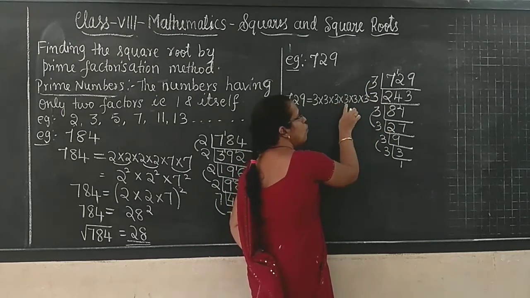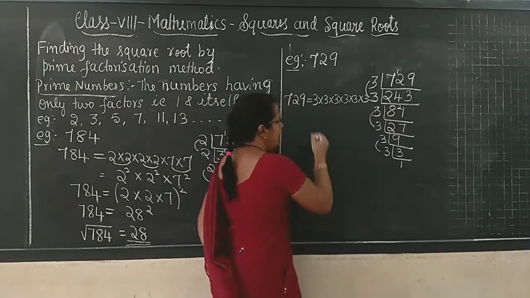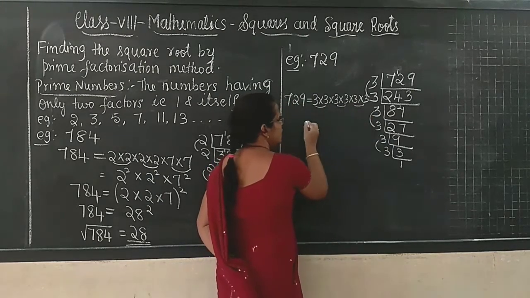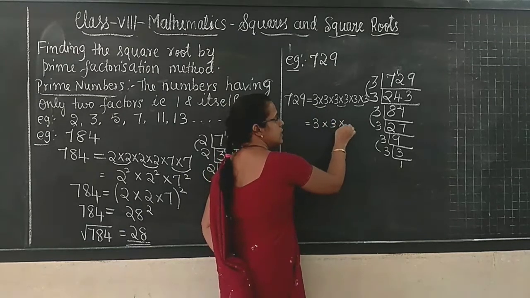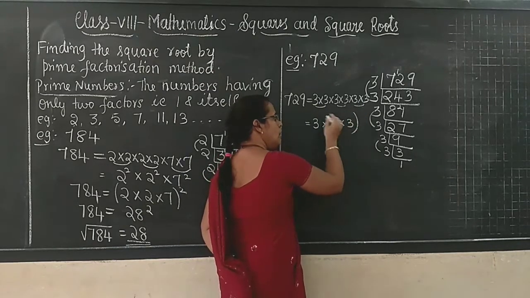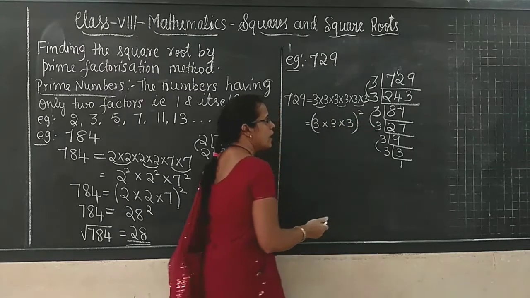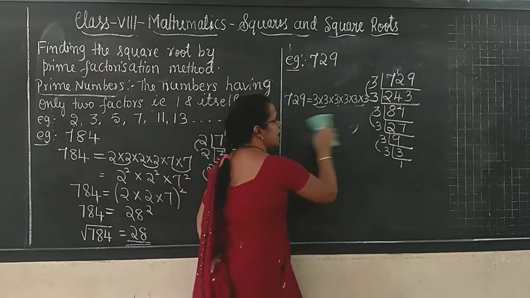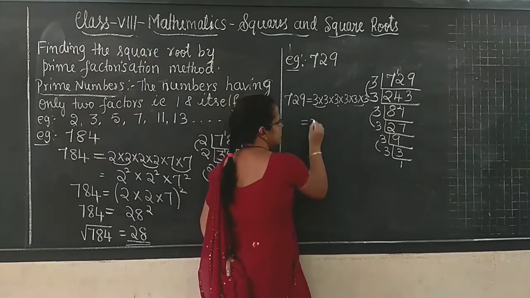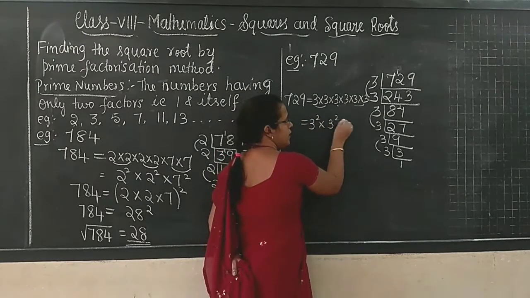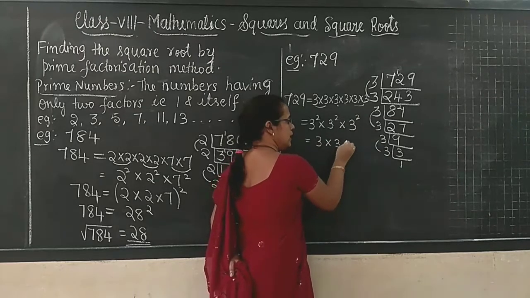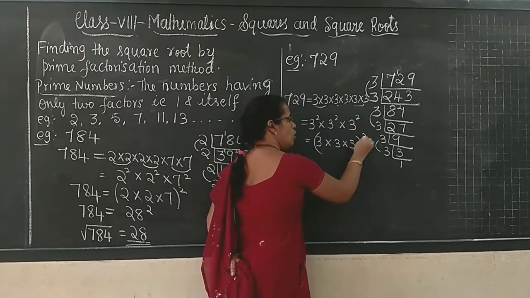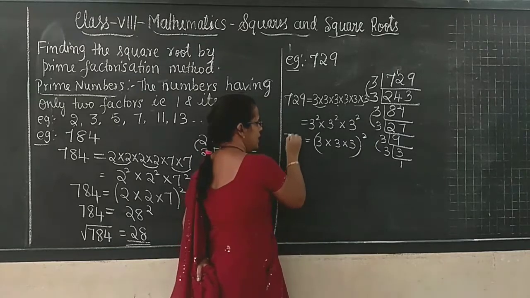Six means pairing to do 3 times. Otherwise you can't understand, so try like this: 3 square, 3 square, 3 square. So 3 into 3 into 3 whole square can be written.